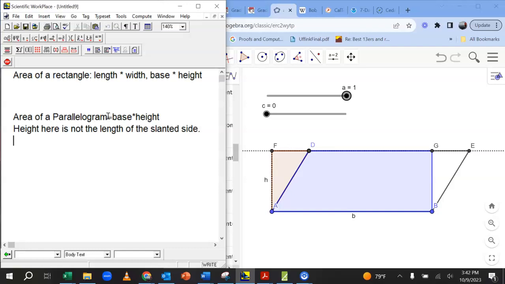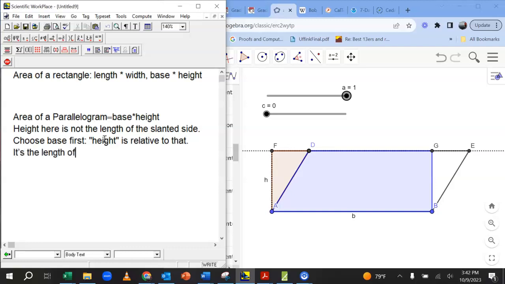The other thing is that just as we've been looking at a little bit for triangle areas, and we're going to get more into, you have to choose a base first. And I'll show you an example of that in a second. Choose a base first. Then the height is relative to that.